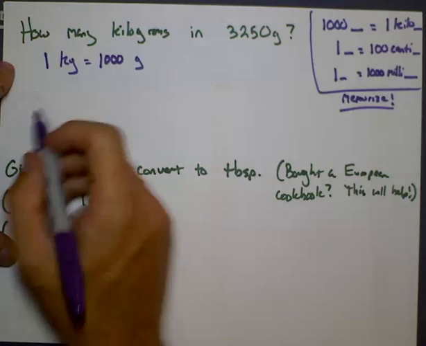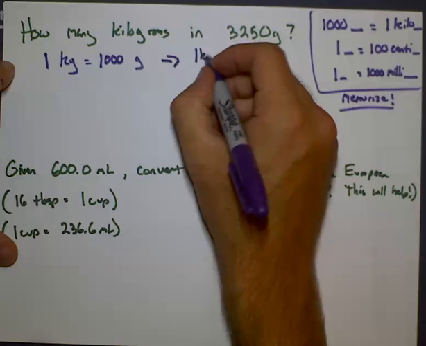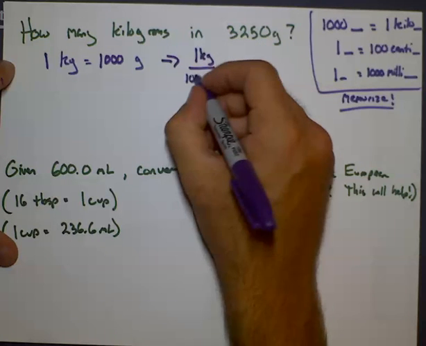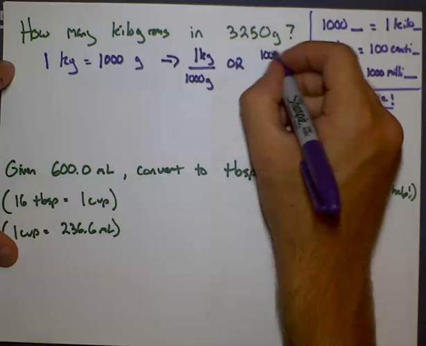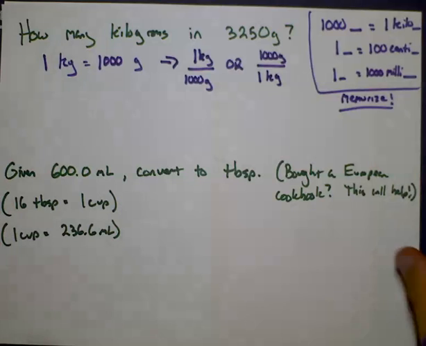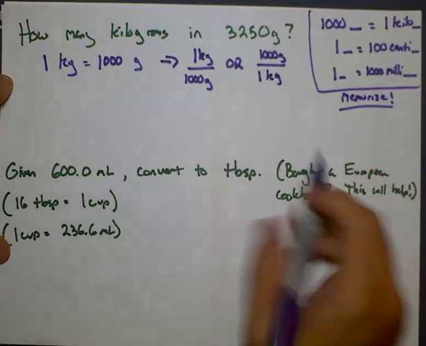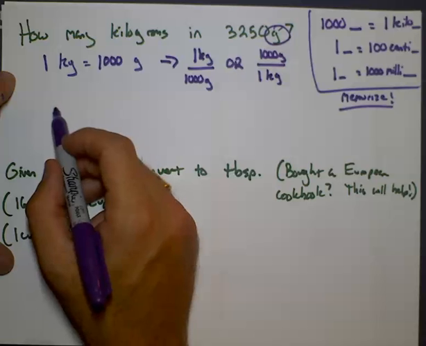So let's turn it into this: 1 kilogram over 1,000 grams, or 1,000 grams over 1 kilogram. And let's see what we're going to do with that. We've got a unit here that we're trying to get rid of.